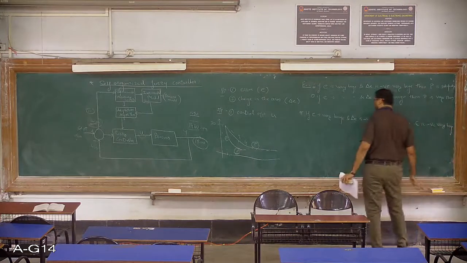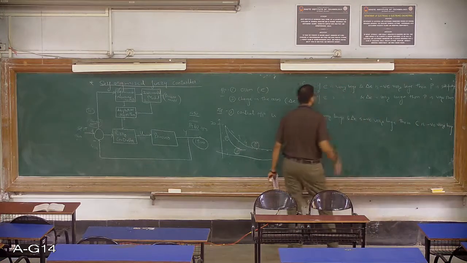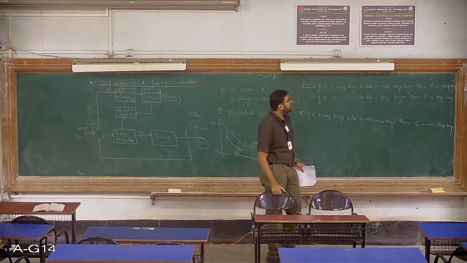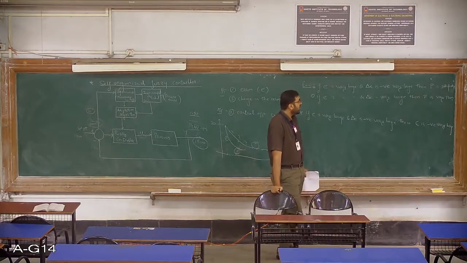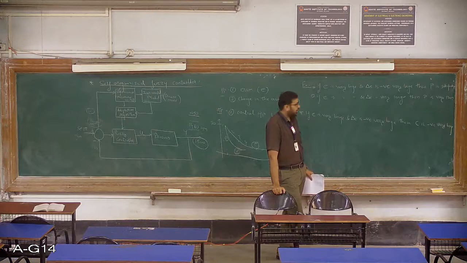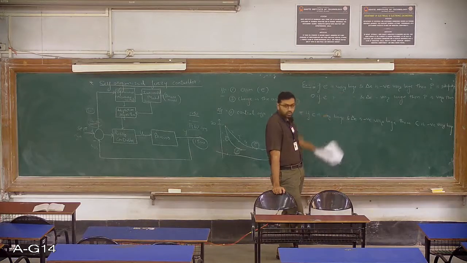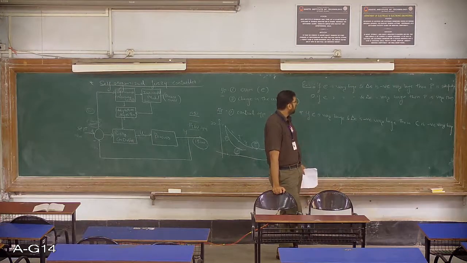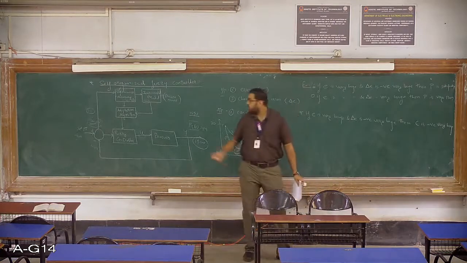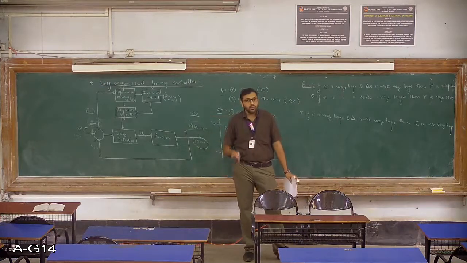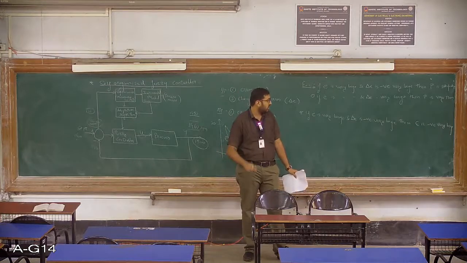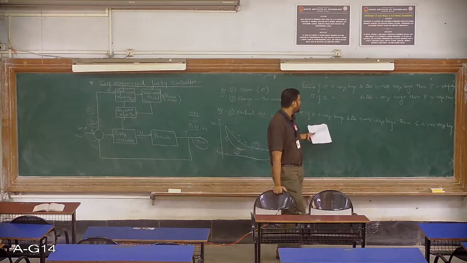Earlier it was saying that if E is very large and delta E is negatively very large, then the performance is satisfactory. But with this rule the performance was not satisfactory, so the correction has to be taken. The performance measure block will give a correction factor, and thus this rule will be altered now.